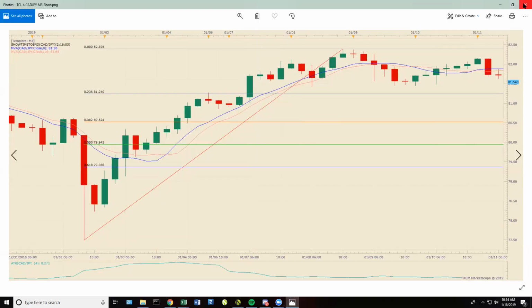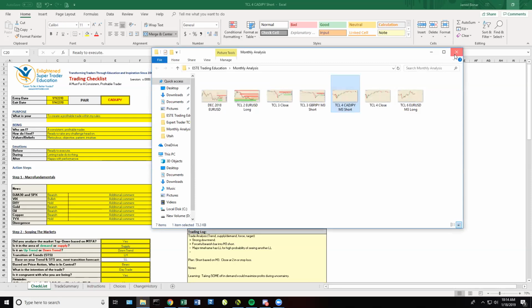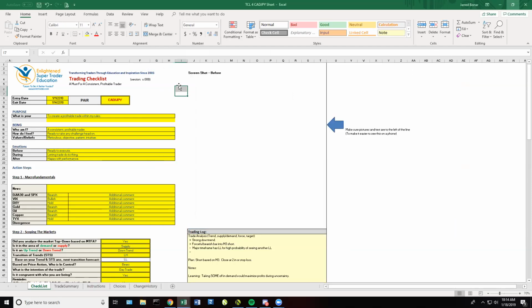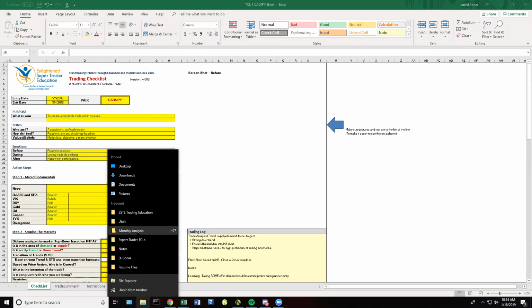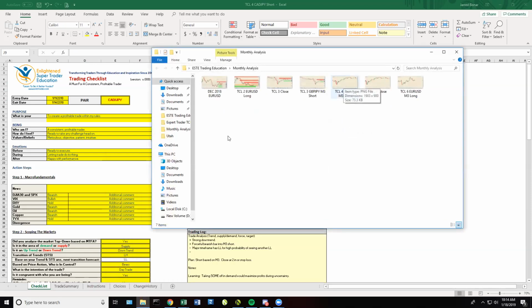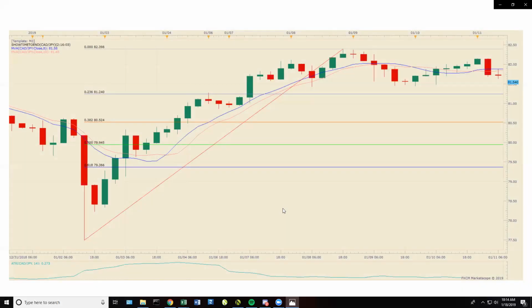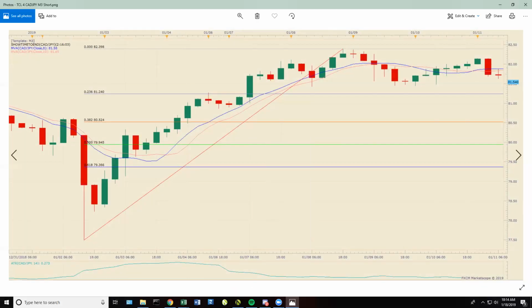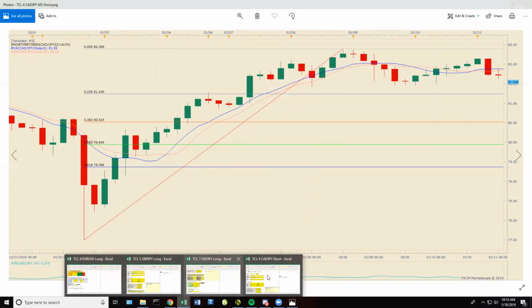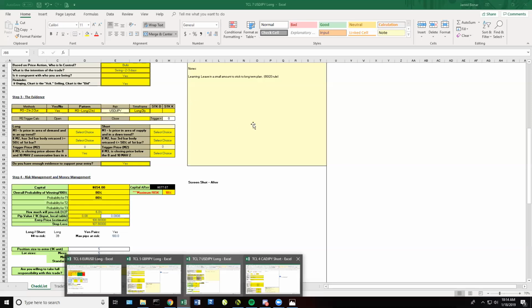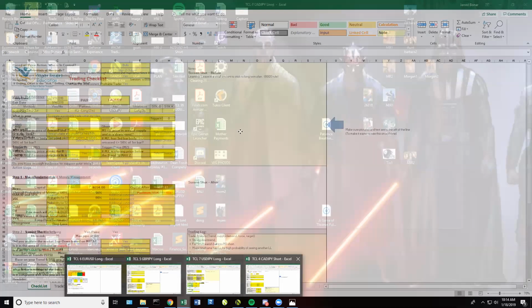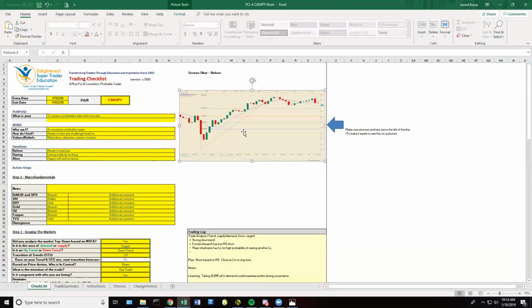But this was the CAD yen short. Overall, it was in an uptrend with a change of trend with the lower low.